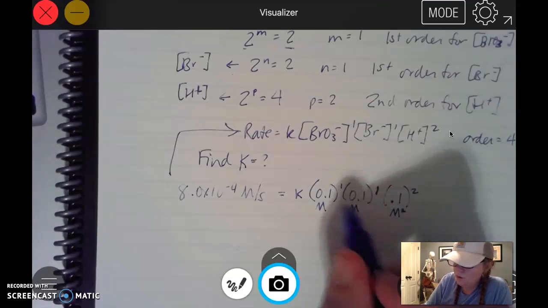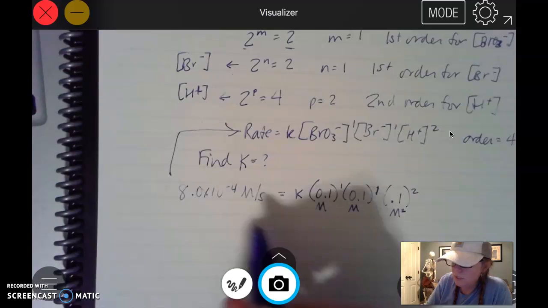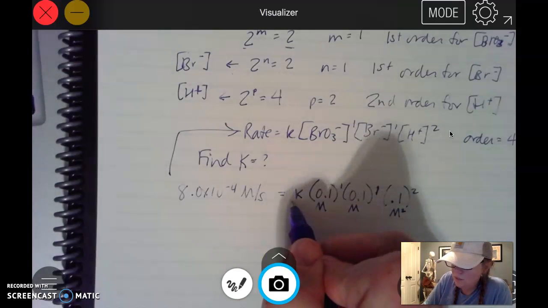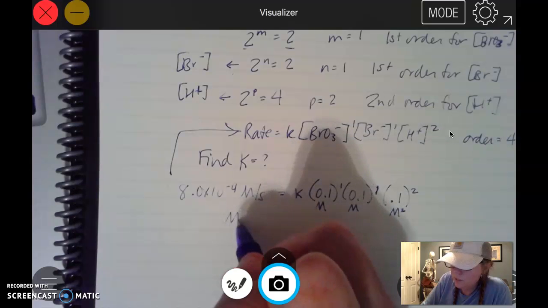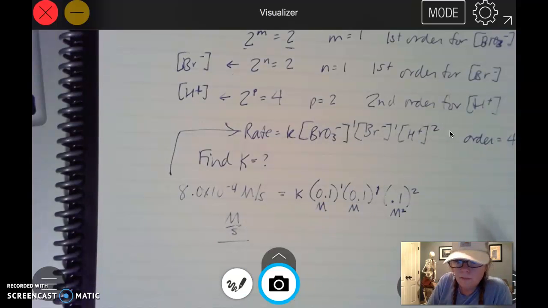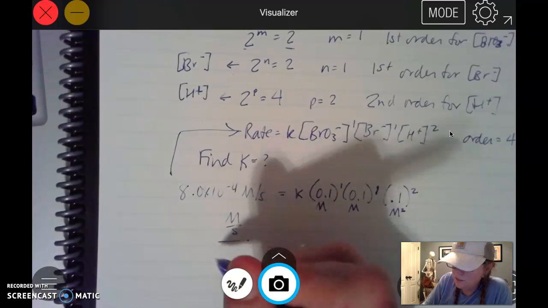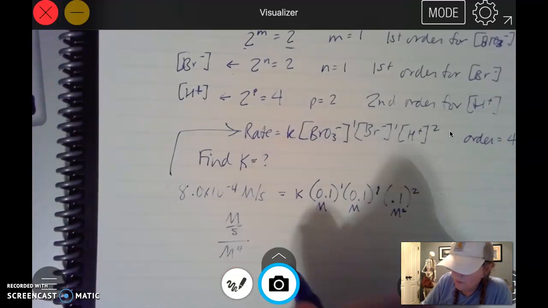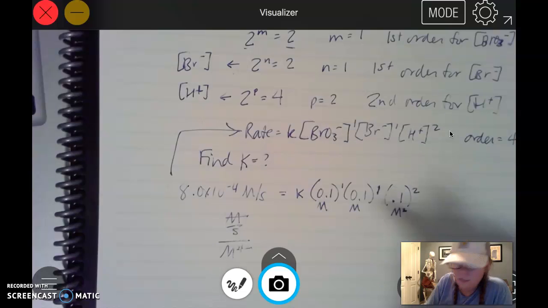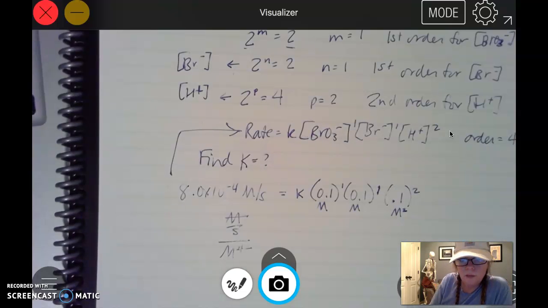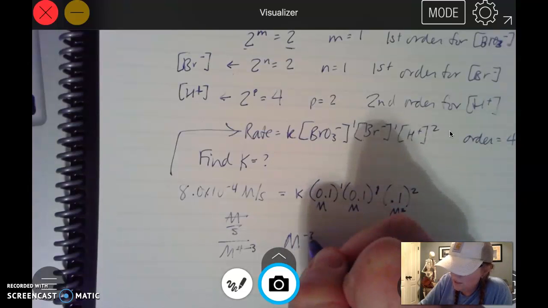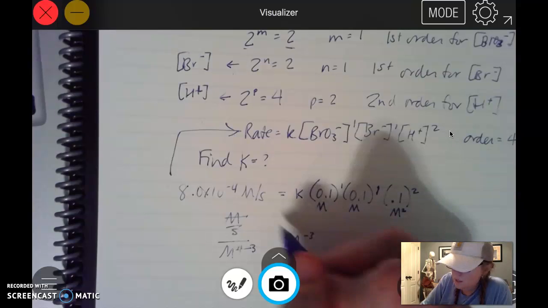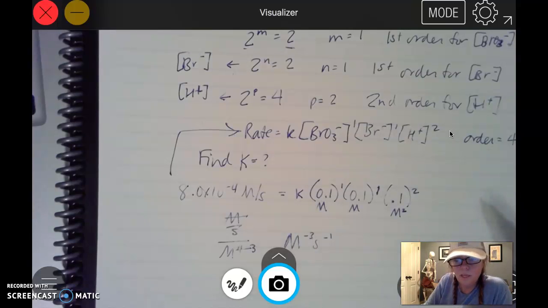So let's do our units first, and then we'll see what our number is. When we divide to get K by itself, we are going to have molarity per second divided by molarity to the 4th. And so that molarity is going to cancel out, and we're going to end up with molarity to the minus 3, seconds to the minus 1.